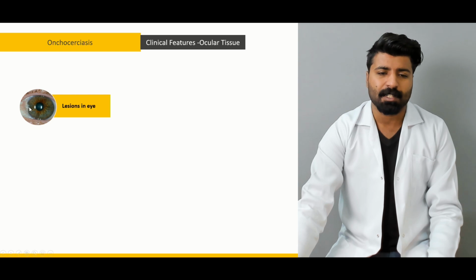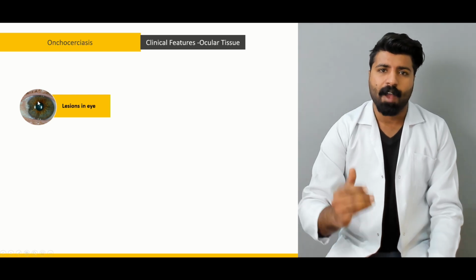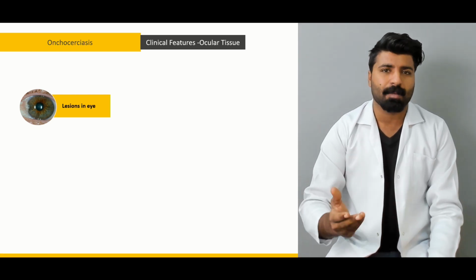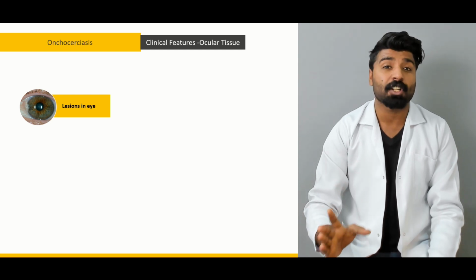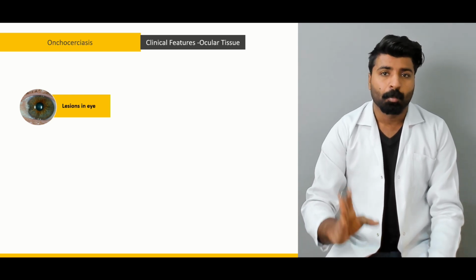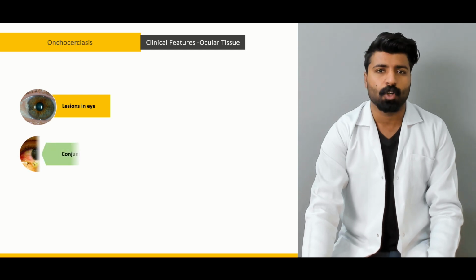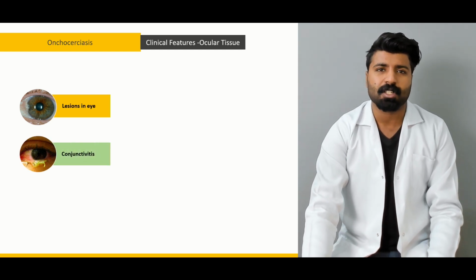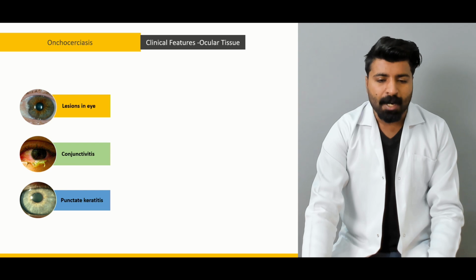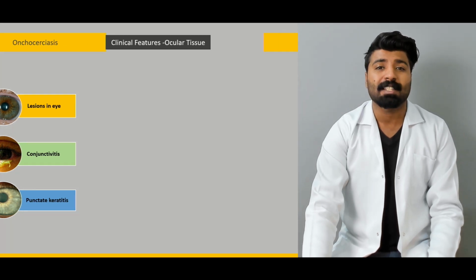You have to go for your eye examination more often in those areas which are endemic for it so that you can get diagnosed. You'll have conjunctivitis. You will have punctate keratitis. Now, all of these symptoms will be telling you that it's going to happen very soon. So you have to get yourself checked up and get treated.